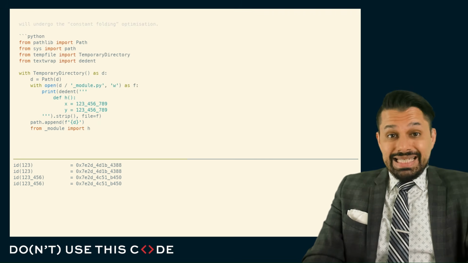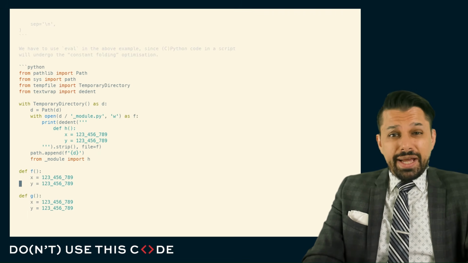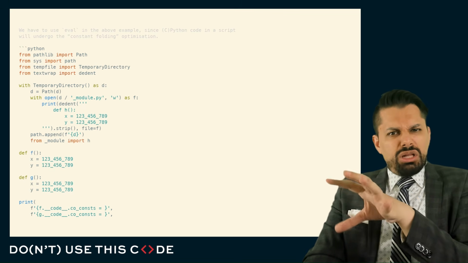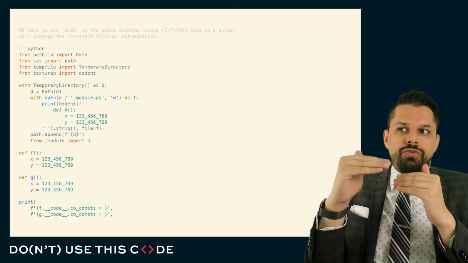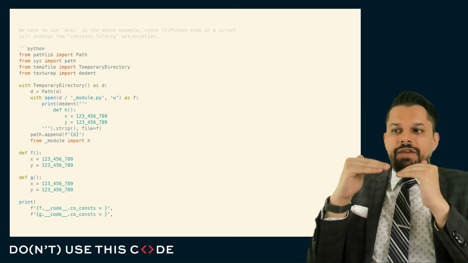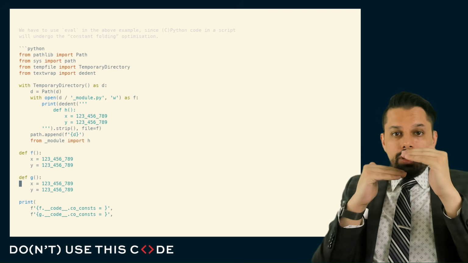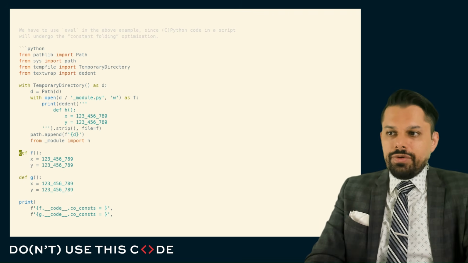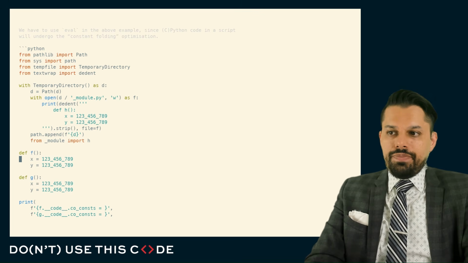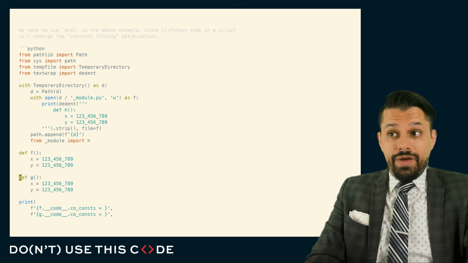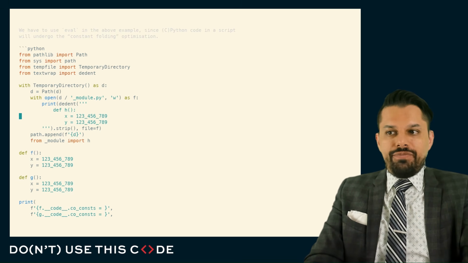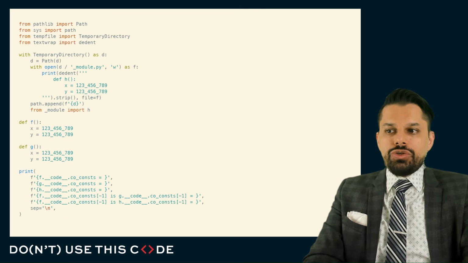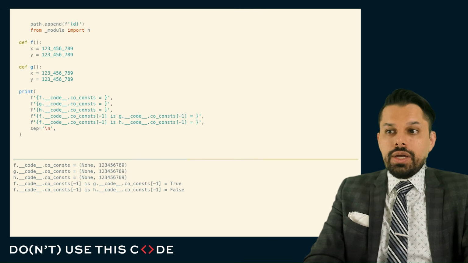Now, one thing that I might see about constant folding is constant folding actually will occur basically within what we might call a compilation unit, within the unit of code that will be compiled when we build bytecode for Python, which is basically a module. And so if I have a function that is defined in one module, f, and another function in another module, g, and they both refer to the same values, the same immutable numerical values, and I have a function h that's in a different module that refers to the same values, well, I can dig deeper into these functions and look at the constants that they have that are stored.